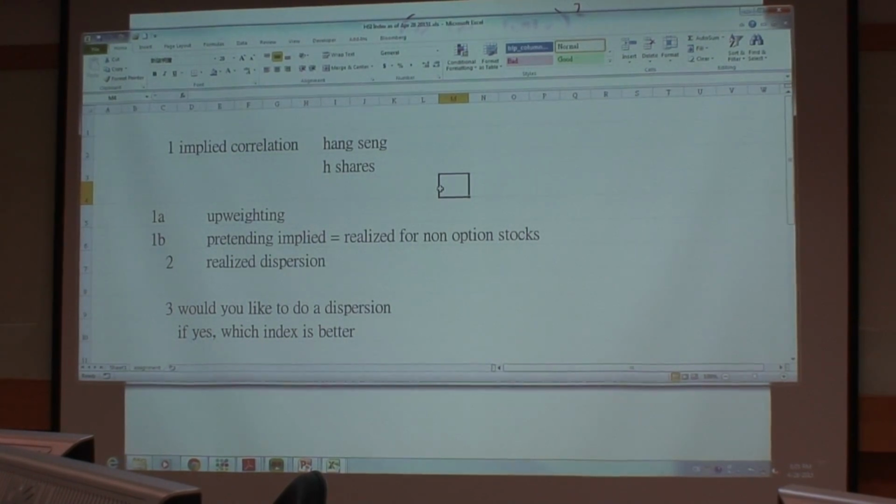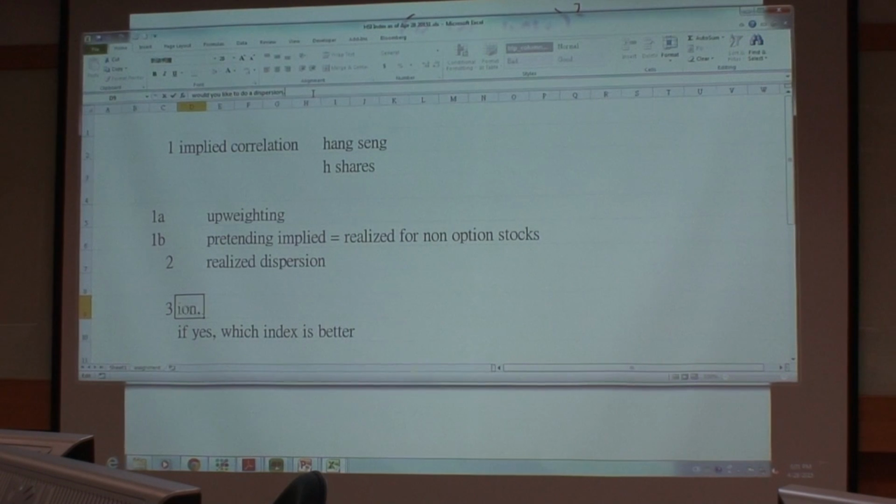I want to know the realized dispersion. And that means, would you like to do a dispersion? That is, if realized volatility predicts future volatility. That's a big if.